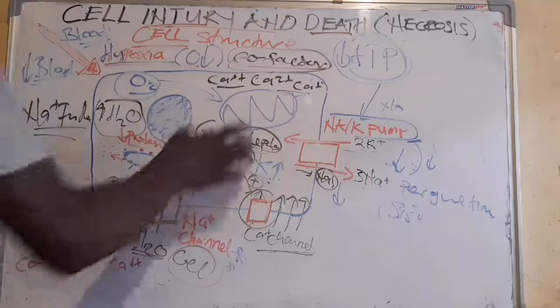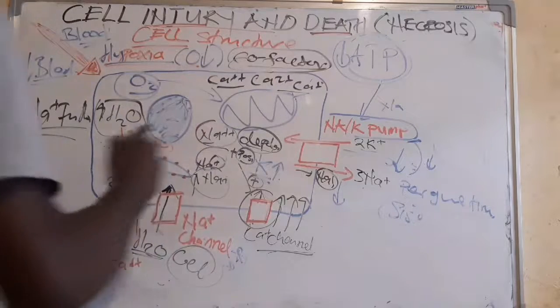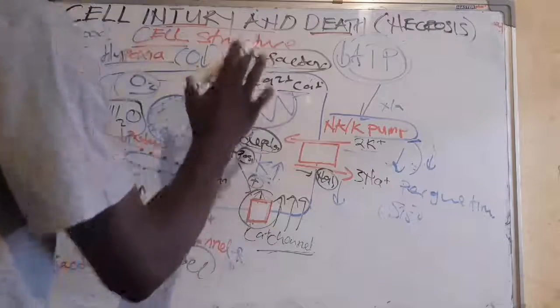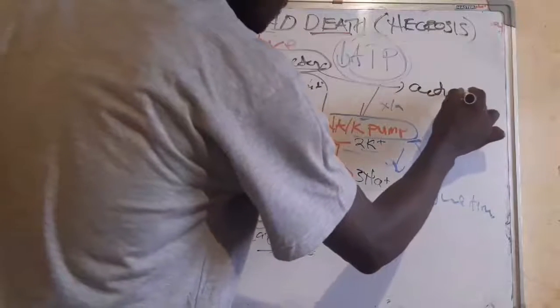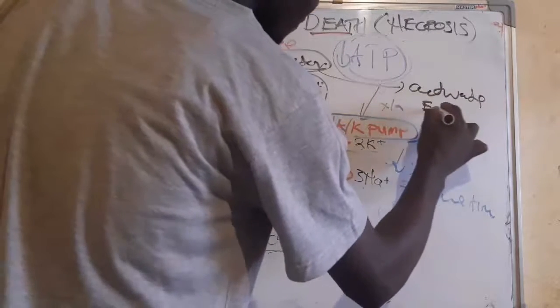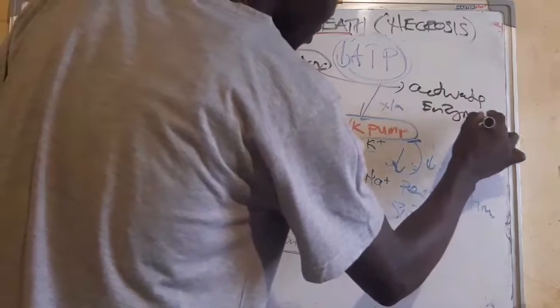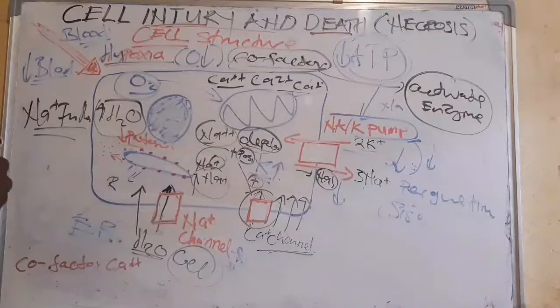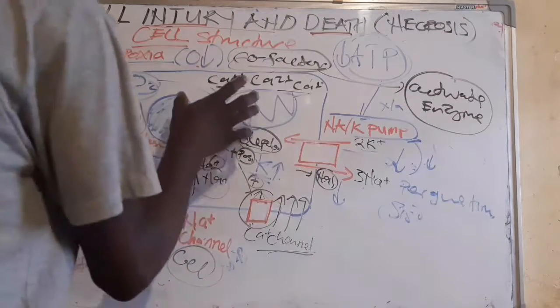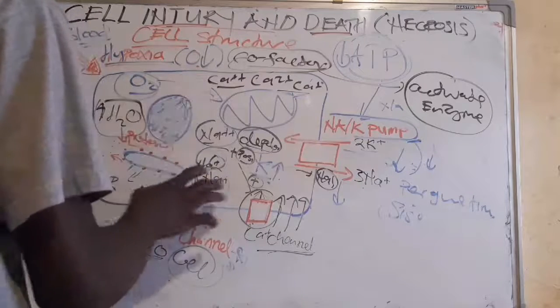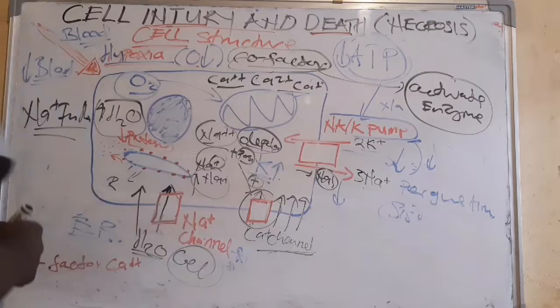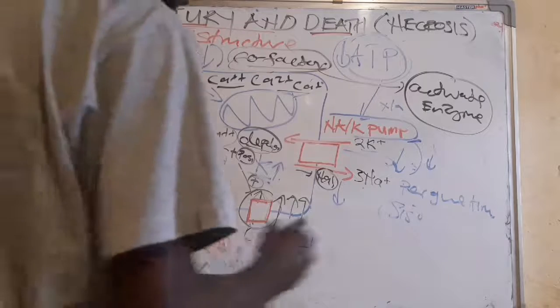Next, what is this calcium, which acts as the cofactor? A cofactor activates the enzyme after binding to it. So calcium acts as an enzyme activator. What are those types of enzymes?